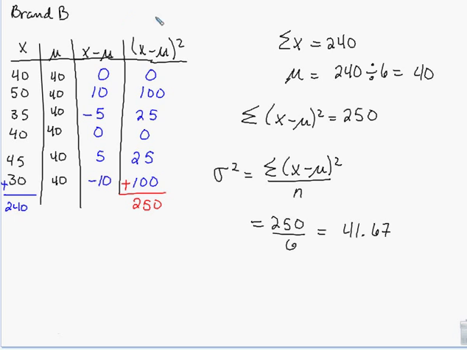Now remember brand A, our variance was 291.67. Which brand, A or B, is a more reliable paint brand? B. Because if it says on average it lasts 40 months, that paint is going to last pretty close to, I mean, the furthest it is away from the 40 months is 10 months.